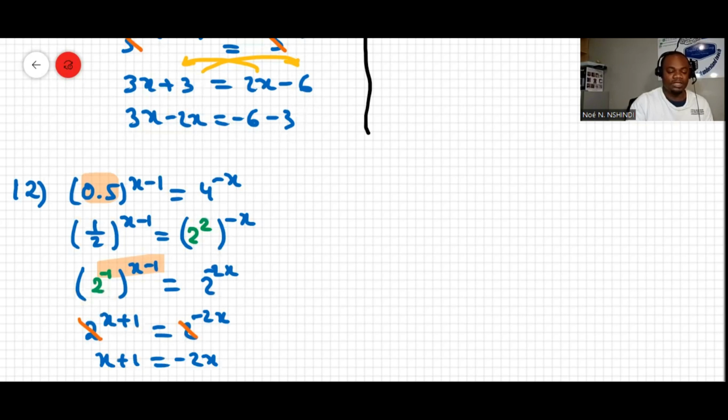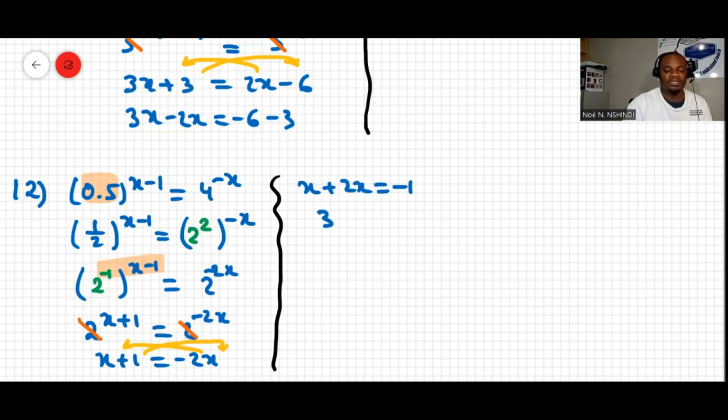Then we can just move negative 2x over, and then 1 over, and then this will be x plus 2x equal to negative 1. That makes 3x equal to negative 1. And then we can divide both sides by 3, and then x will be negative 1 over 3, okay?